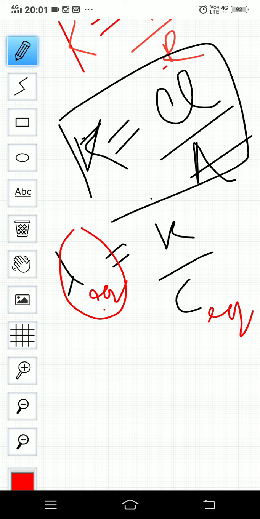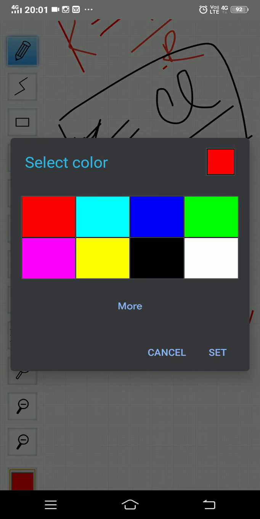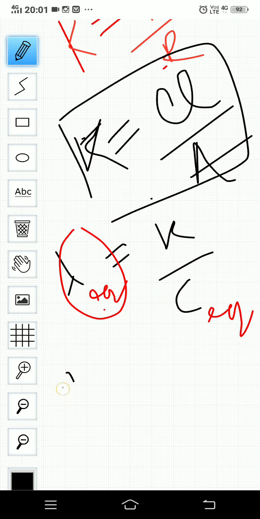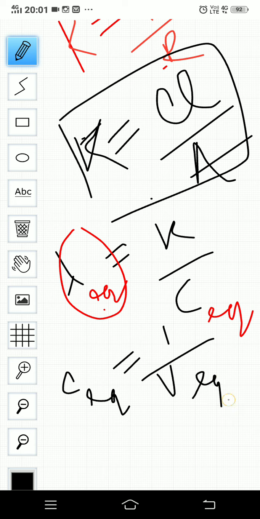Now, if I take 1 gram equivalent of an electrolyte dissolved in V equivalent centimeter cube of the solution, then what I'll get is C equivalent. If 1 gram equivalent of an electrolyte is dissolved in V of a solution, then C equivalent is equal to 1 by V equivalent, isn't it?